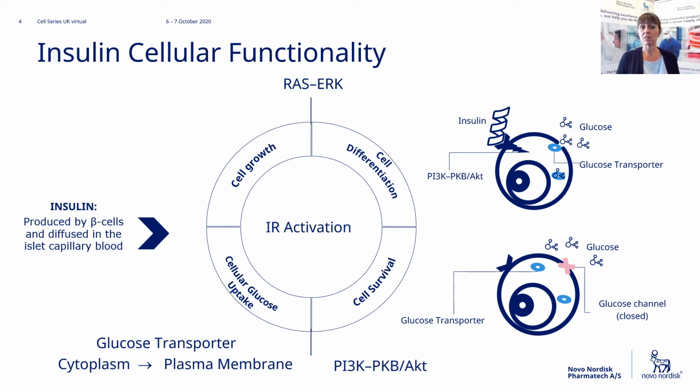Different intracellular signaling pathways are initiated by insulin binding to its receptor, such as the activation of PI3 kinase AKT signaling, triggering glucose homeostasis with glucose transporter GLUT4 translocation and fusion with the plasma membrane, and the activation of RAS-ERK pathway with activation of transcription, DNA synthesis, and cell growth.